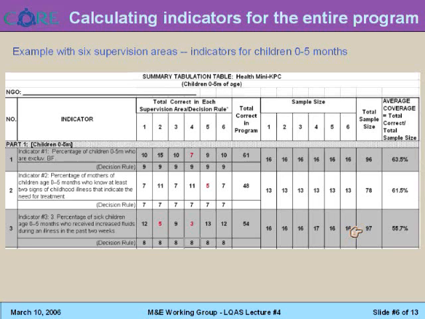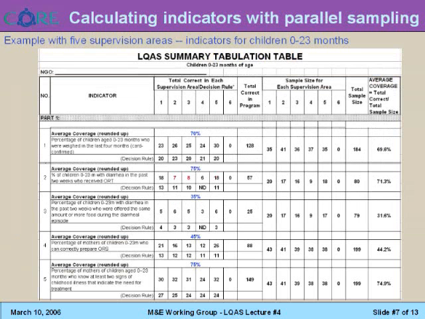So the average coverage for this particular indicator number 3 would be 55.7%, which is the result of dividing 54 over 97. Let's take a look at another example with more indicators being assessed.